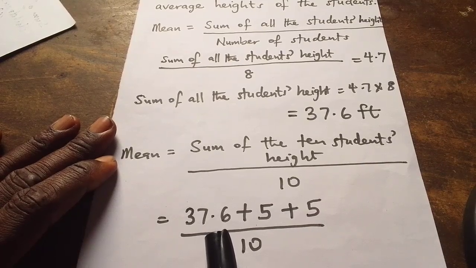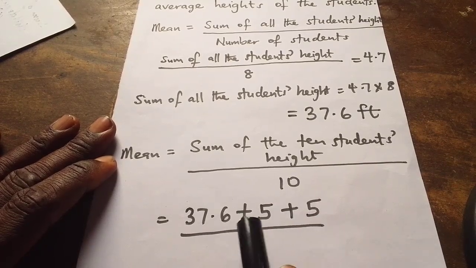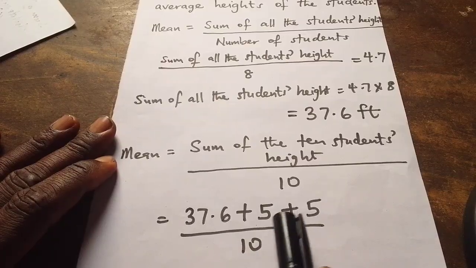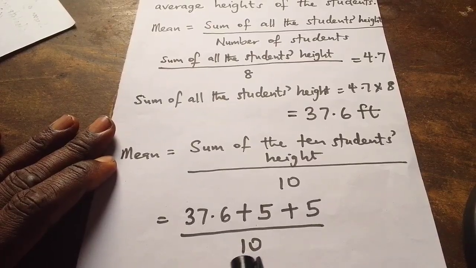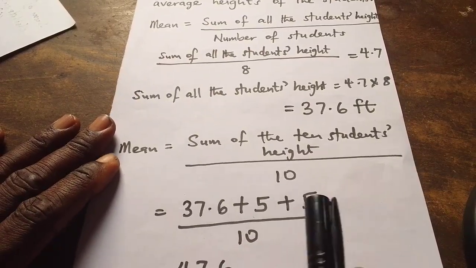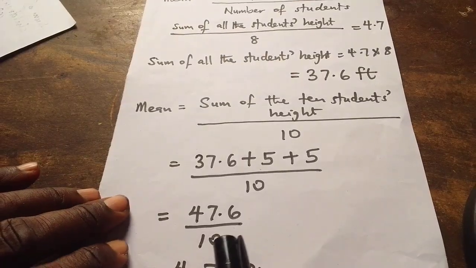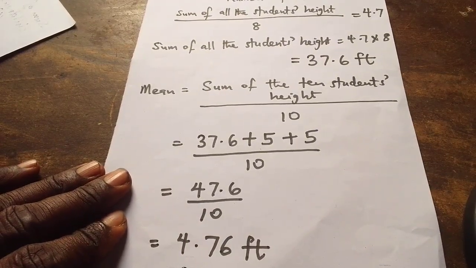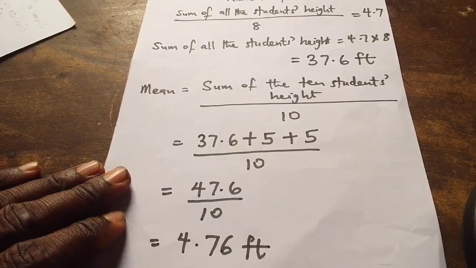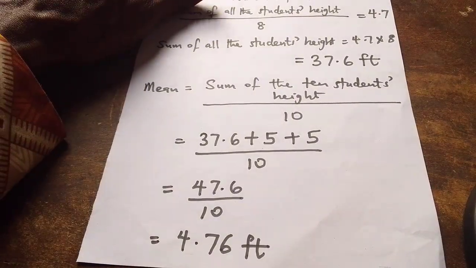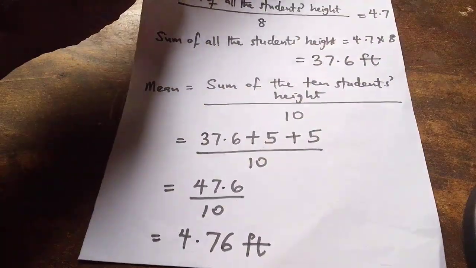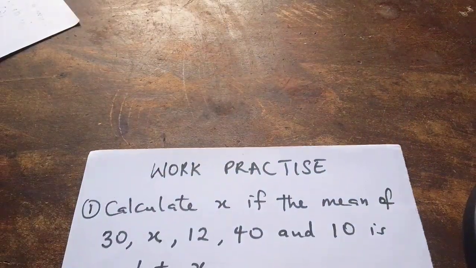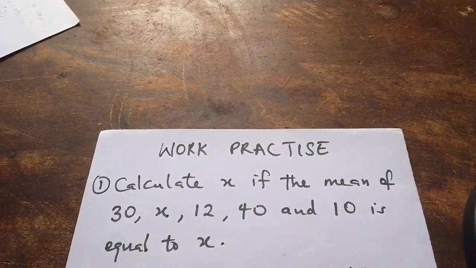Then we add the 2 5 feet that we are given, which is 5 plus 5, divided by 10. When you add this, you are going to get 47.6 divided by 10. So the new average of the students is now 4.76 feet.